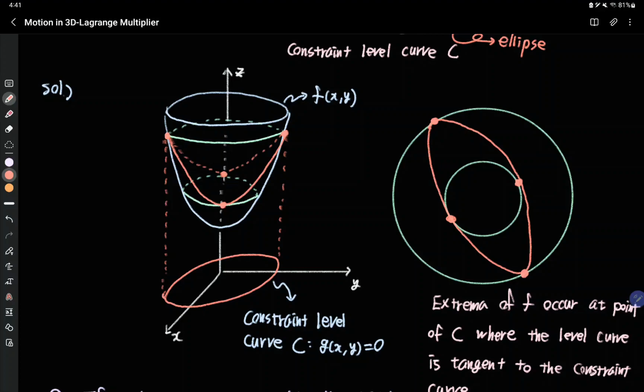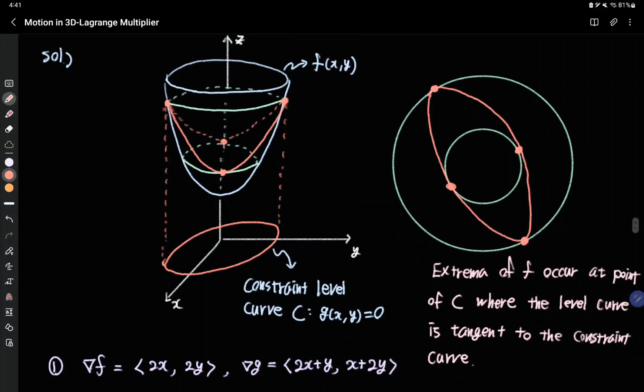If you look at this graph from the top, we see two level curves, and the constraint level curve C is like this. So the extrema of f occur at points on C where the level curve is tangent to the constraint curve.